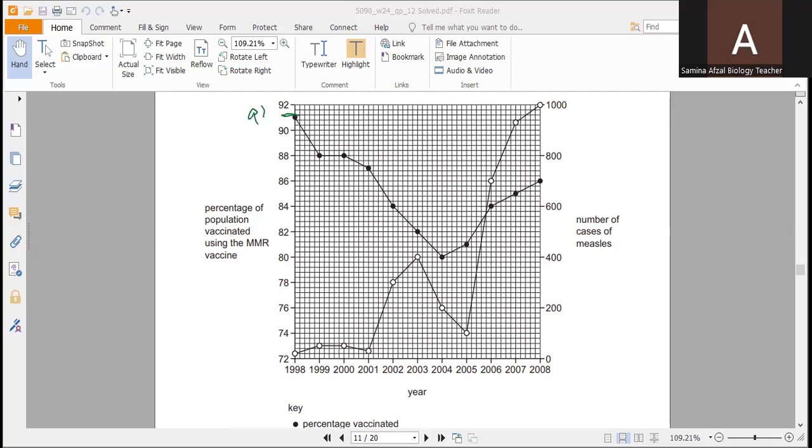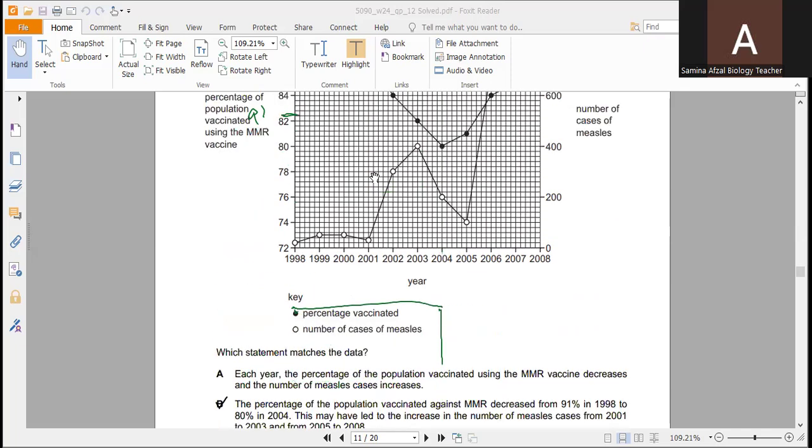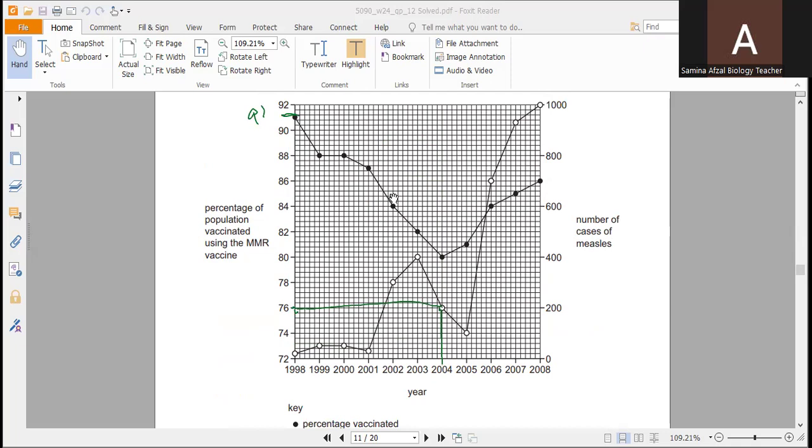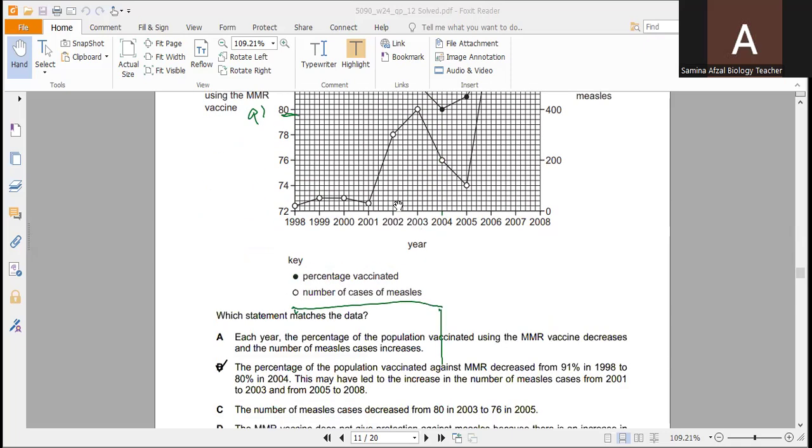And in 2004, this is 2004. This data shows this. So according to this graph, this is 80% in 2004.